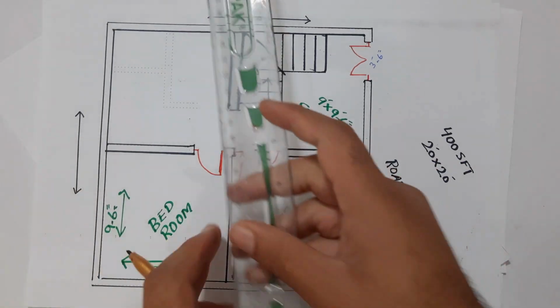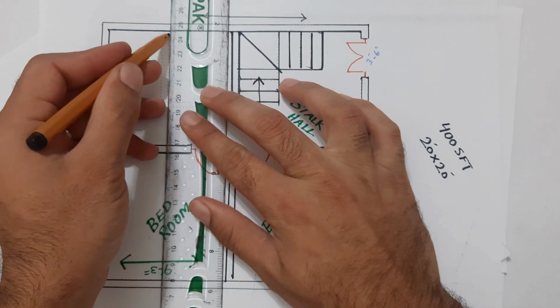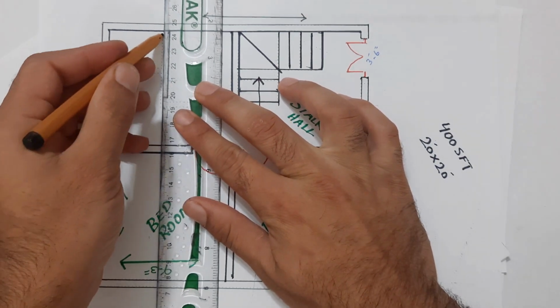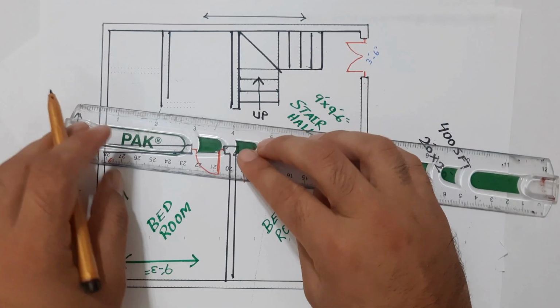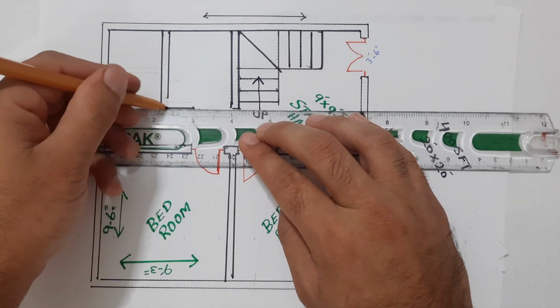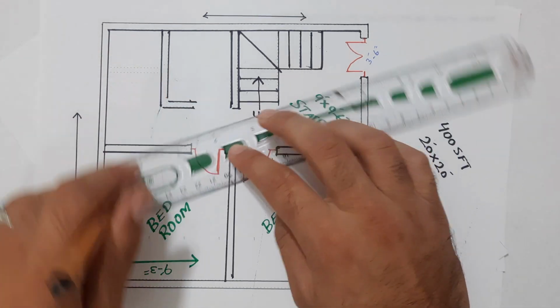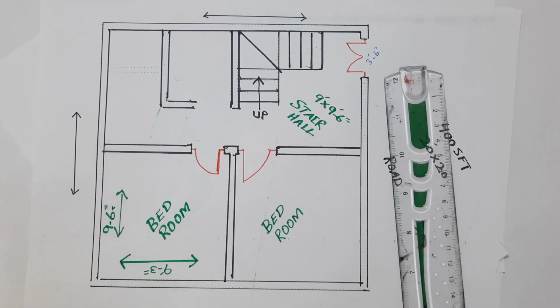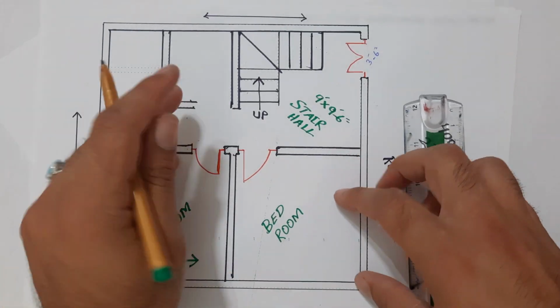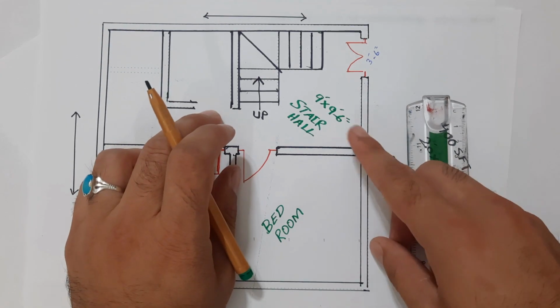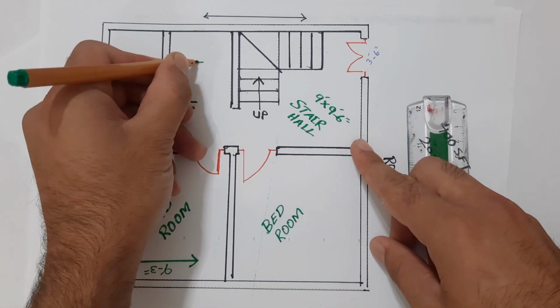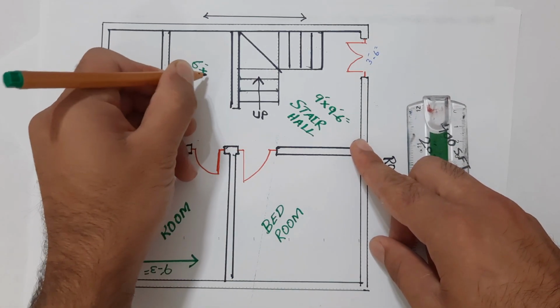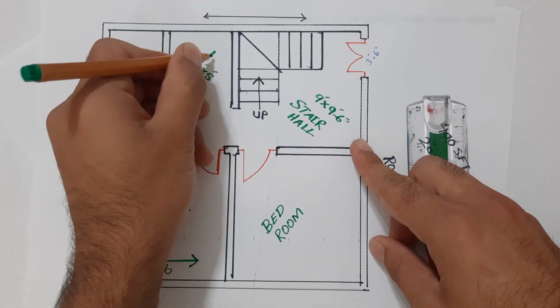The next one guys, you can see this is a kitchen. Size of this kitchen is 6 feet by 5 feet. This is kitchen.